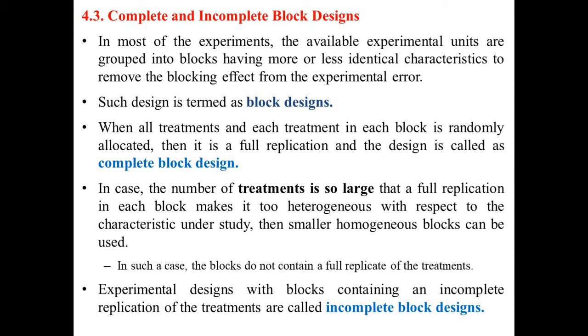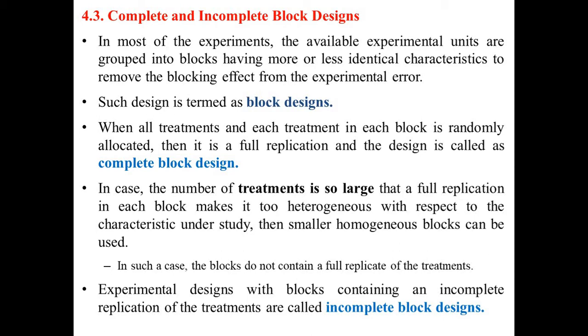When the available experimental units are grouped into blocks having more or less identical characteristics, to remove the blocking effect, such designs are termed block designs, because we have created homogeneous groups to remove the known source of variation. And when all treatments are randomly allocated within each block with full replication, the design is called a complete block design.